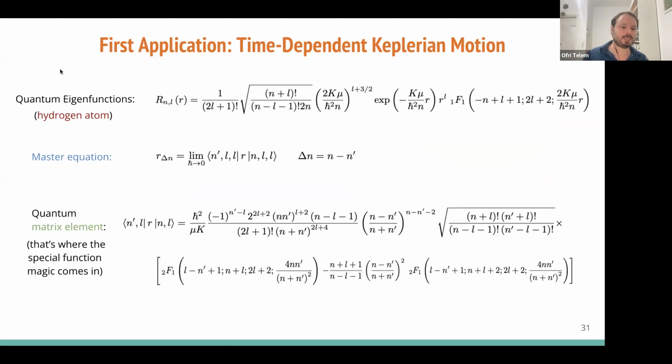And here comes this magic of special functions. I know how to integrate two confluent hypergeometrics together. It gives me a lengthy but finite formula. These are just normal hypergeometric functions. And now all I need to do is set quantum numbers to the classical quantities over h bar and then take h bar to 0.